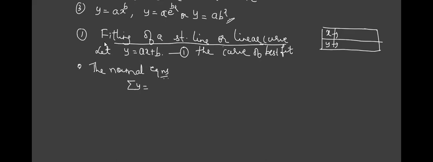This summation is only meant for the values of x and y. So a is a constant, so it comes out: a into summation of x plus summation of b. Again b will come out, and there will be one quantity called n over here. I told you the least square method is there. According to that procedure, they have obtained the normal equation. I'm telling you a shortcut way of remembering it.